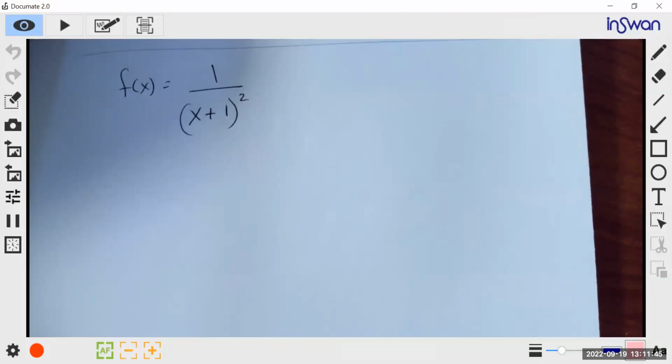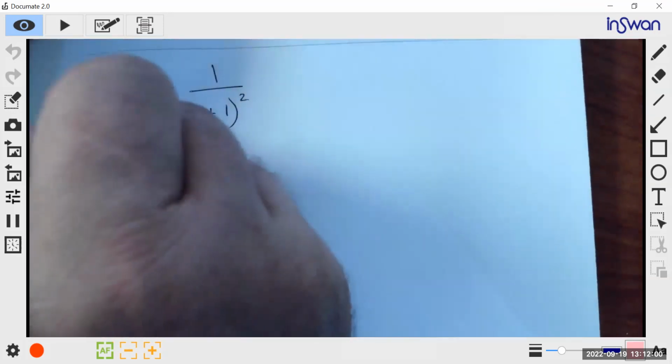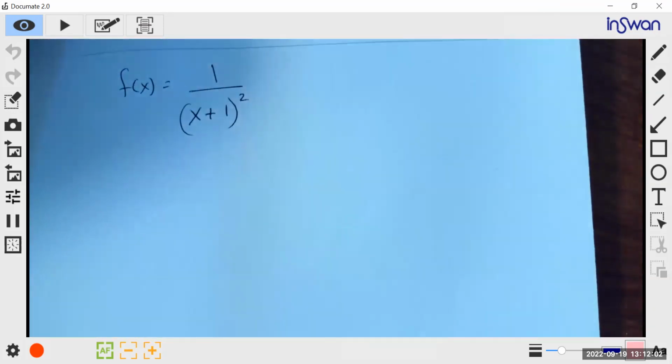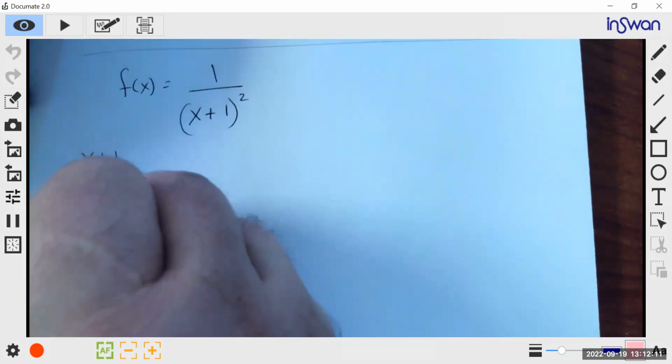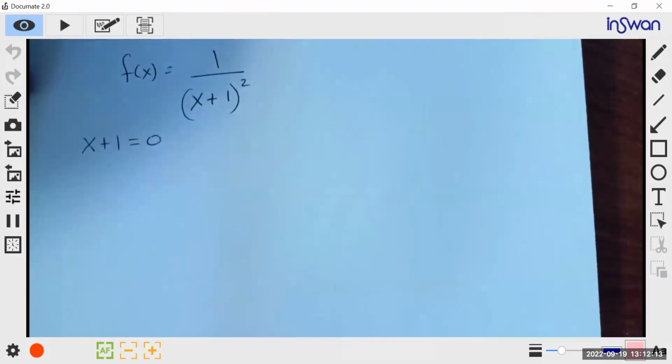Good thought though, but no. If you square root, you have to square root both sides. So remember what I said, if you have a fraction and x on the bottom, say it equals 0.